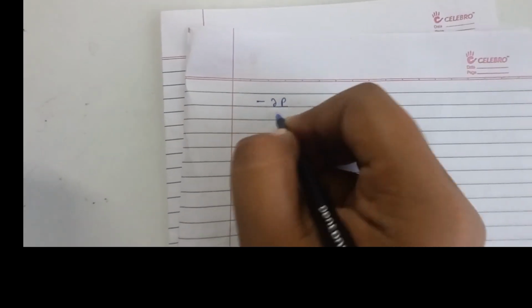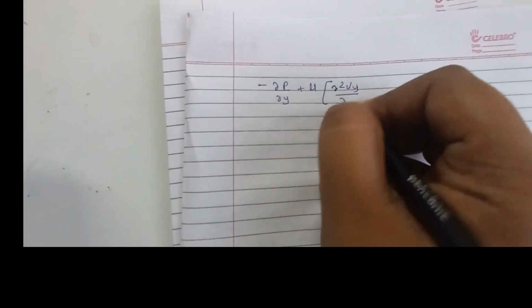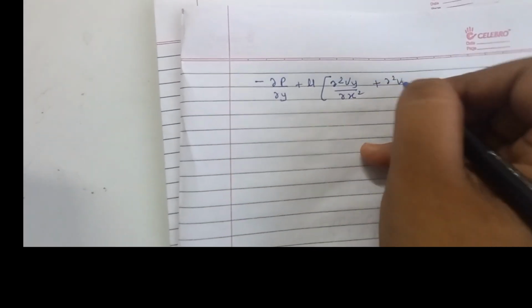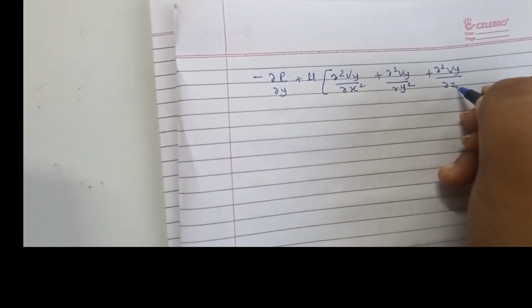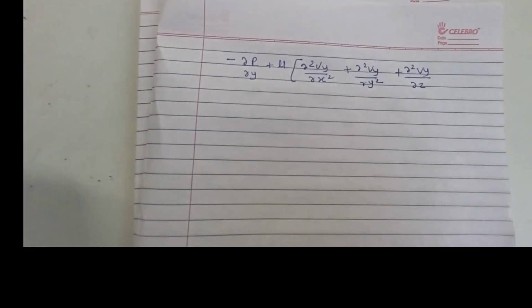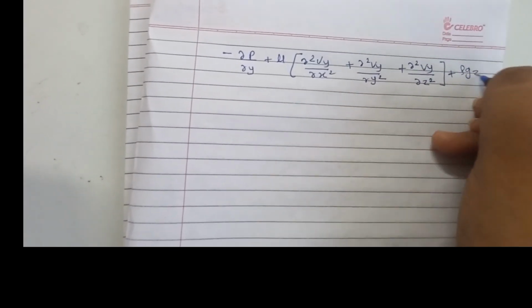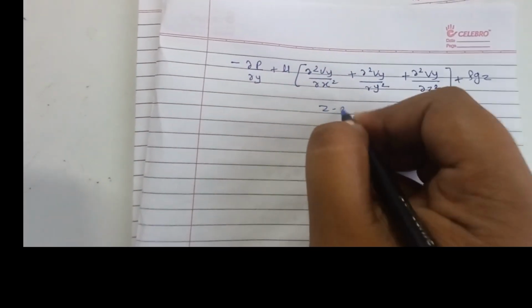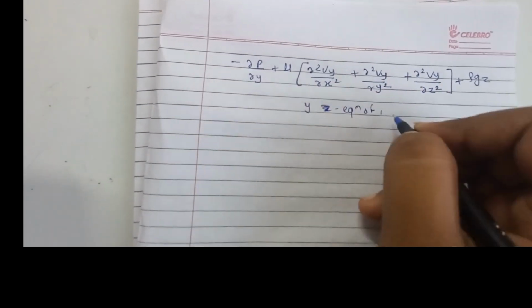The right hand side term is minus del p upon del y plus mu into del square Vy upon del x square plus del square Vy upon del y square plus del square Vy upon del z square. Actually, we are taking Vy as the velocity because we are considering the y equation of motion, plus rho gy. That is the gravitational force acting in the y direction, that is, the y equation of motion.